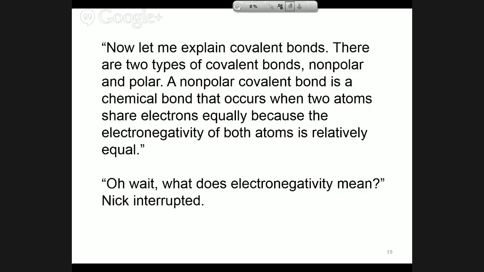That's fine. We'll talk about water in a minute, but it's the affinity of a particular atom to the electrons that it's going to make a bond with. So in covalent bonding, atoms share electrons. In ionic bonding, electrons are completely transferred from one atom to another, but here they're shared.